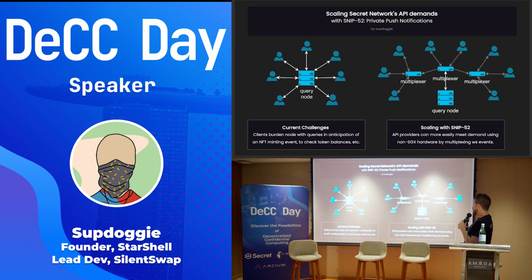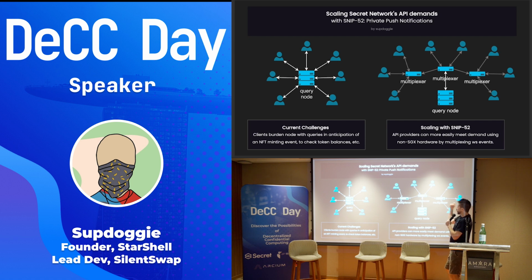Next slide. Okay, so the consequences of that private notifications thing that I just skipped is that currently, the way Secret Network works is that you have lots of clients and they're all querying these specialized hardware nodes running in the cloud on Intel SGX, which is what the trusted execution environment is.